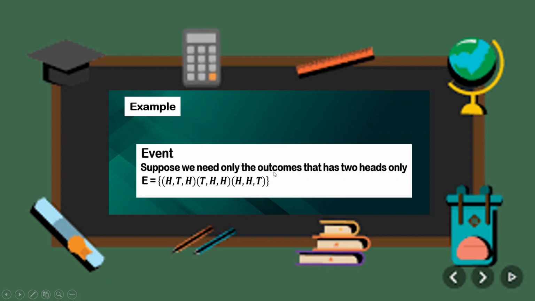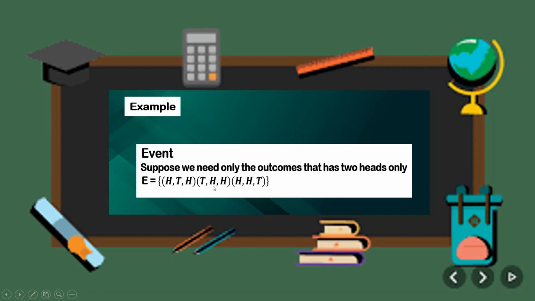Suppose we need only the outcomes that have 2 heads, or probably you're asked in the problem, what is the probability that there will be 2 heads in the results as you do the experiment of tossing? What is the chance that there will be 2 heads? That is asking you to give that event, the event that there will be 2 heads only in the outcome.